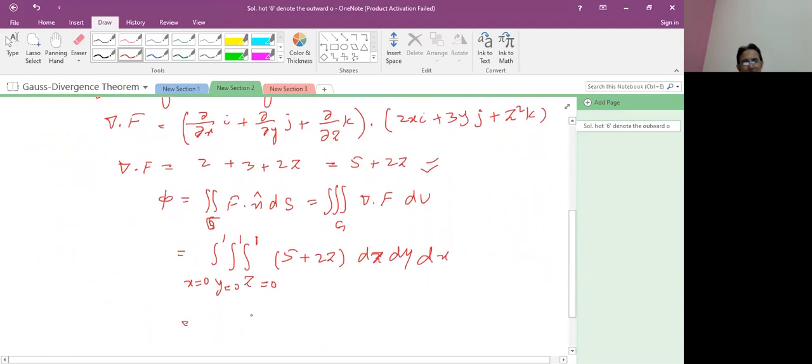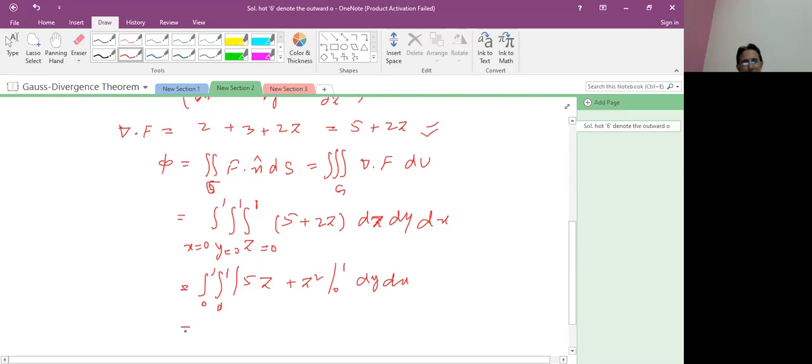First we integrate with respect to z, 5z plus z square, then we apply the limit 0 to 1, into dy dx. So it means 5 plus z square, it means 5 plus 1 is 6. 6 goes outside the integral because it is constant.